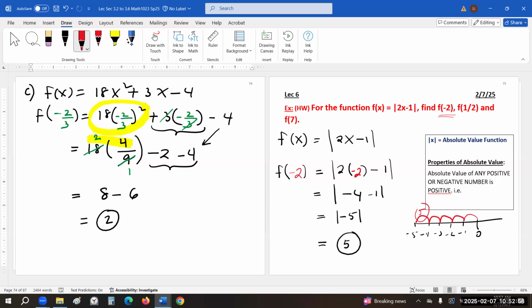What is f of 1/2 and f of 7? So these two vertical lines mean absolute value. It means the distance from 0 up to that point.